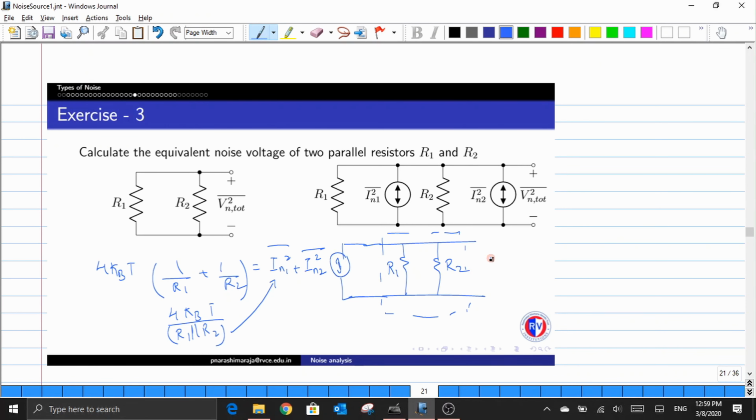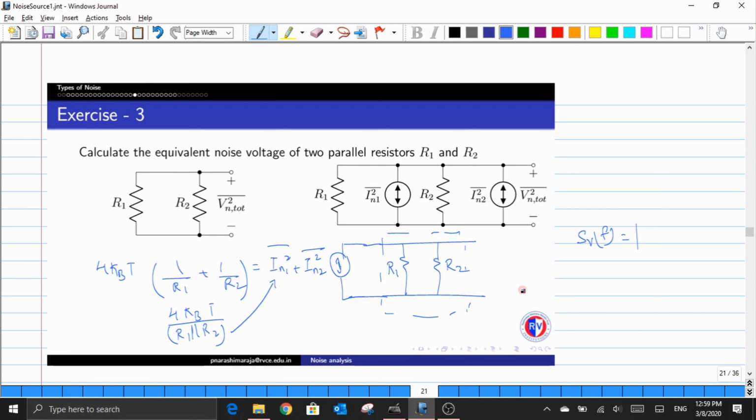Now that we are being asked to compute what is known as the output power spectral density in terms of voltage, one could make use of the spectrum shaping property, which says that in order to compute the power spectral density in terms of voltage, one has to know the transfer function of this noiseless component.